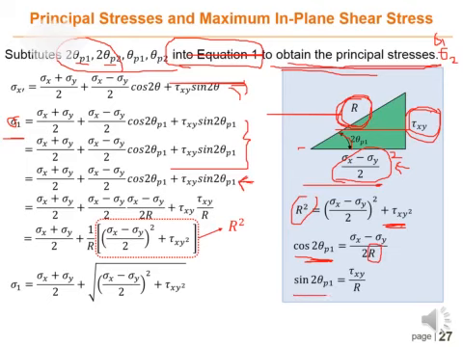And sine 2 theta p1 is equal to the opposite, which is tau xy, divided by the hypotenuse, which is r.